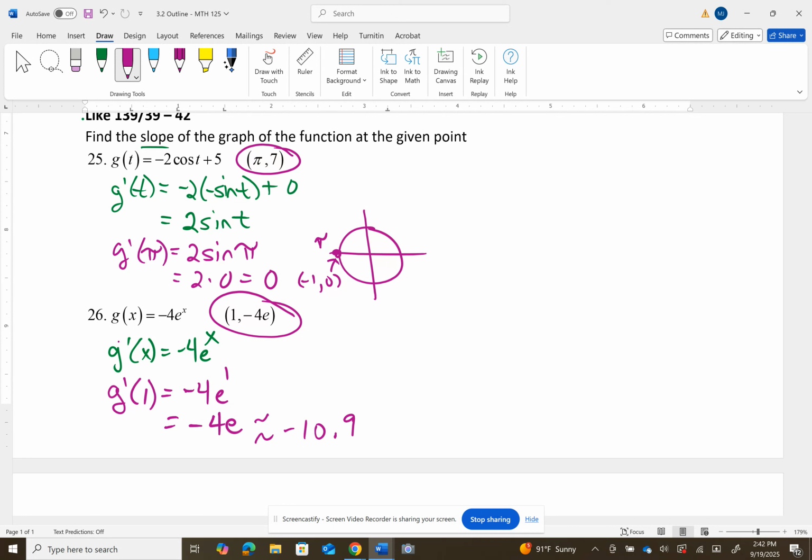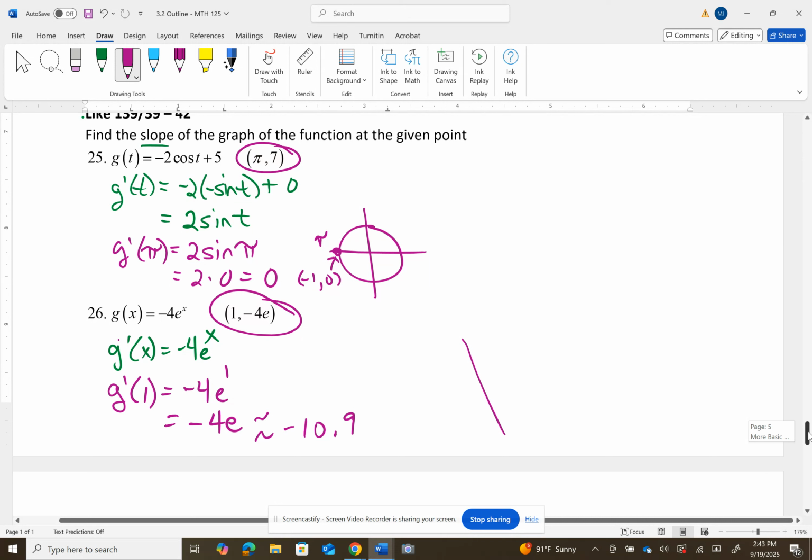So that particular function, if you were to graph it, you could take a look at where the tangent line hits the curve at an x of 1, and you should see that that tangent line should be falling and pretty steep. Both of those just said slope, so once we got the slope, that's where we stop.